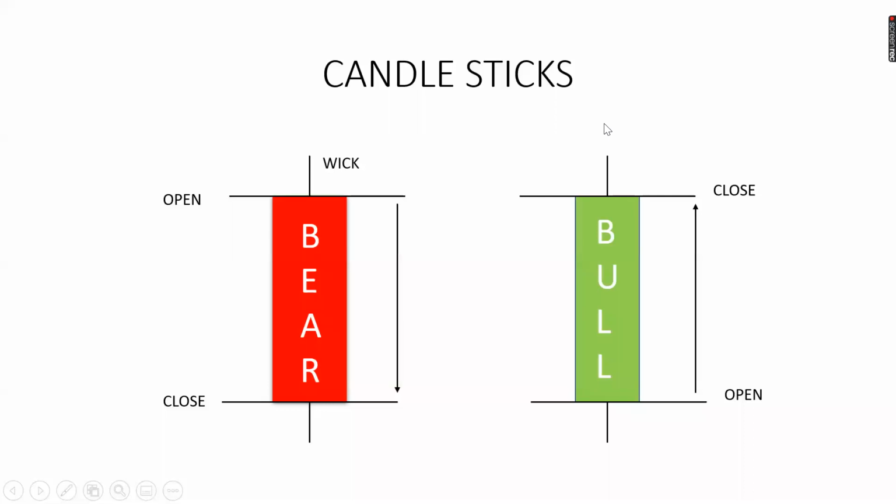Okay. So take a quick look at this image. And we're going to go to the chart. And I want you to remember a red candle, which we call a bear. So when we say bear candle, it goes down, and a bull candle, which is green, goes up. All right.